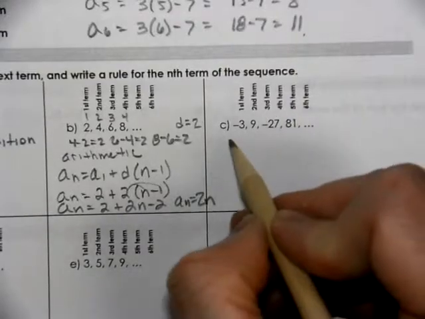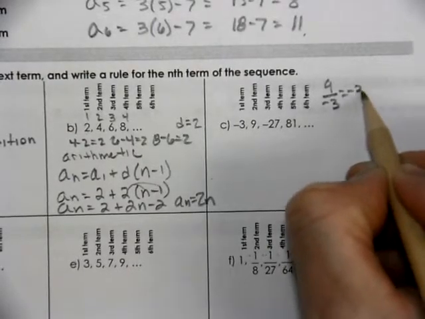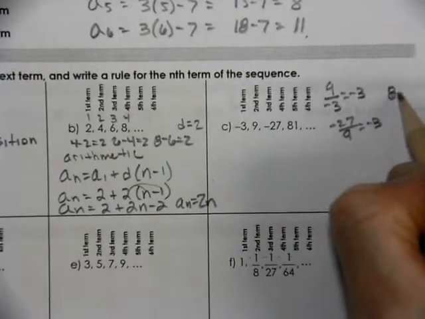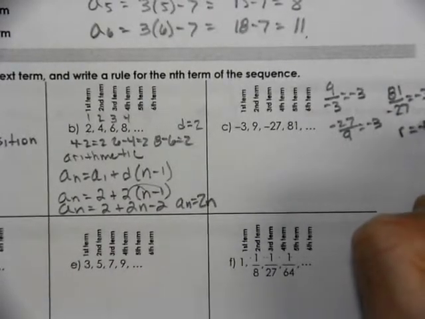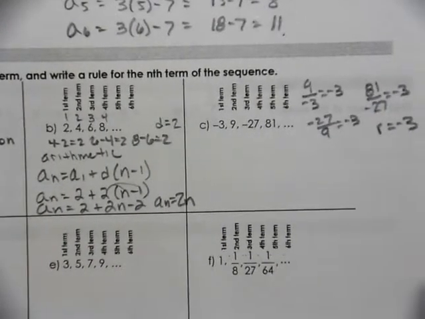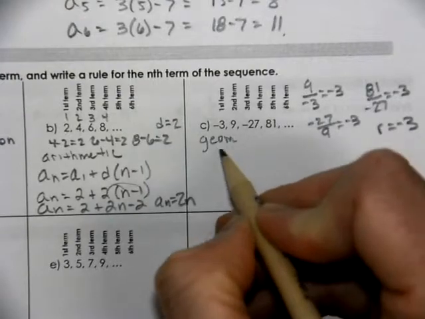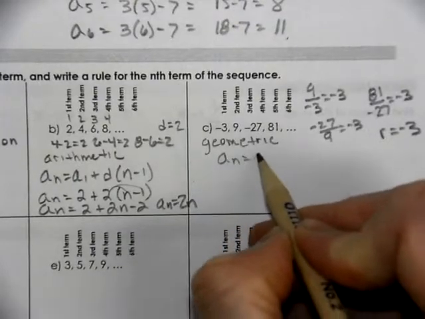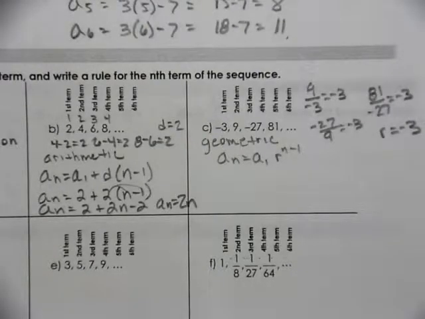In this case, if you take the 9 and divide it by the one before it, if you take the 27 and divide it by the one before it, take the 81 and divide it by the number before it, we get this common ratio of -3. So this is considered what we had learned in an earlier lesson, geometric. It has its own format of the first term times a ratio to the n minus 1.